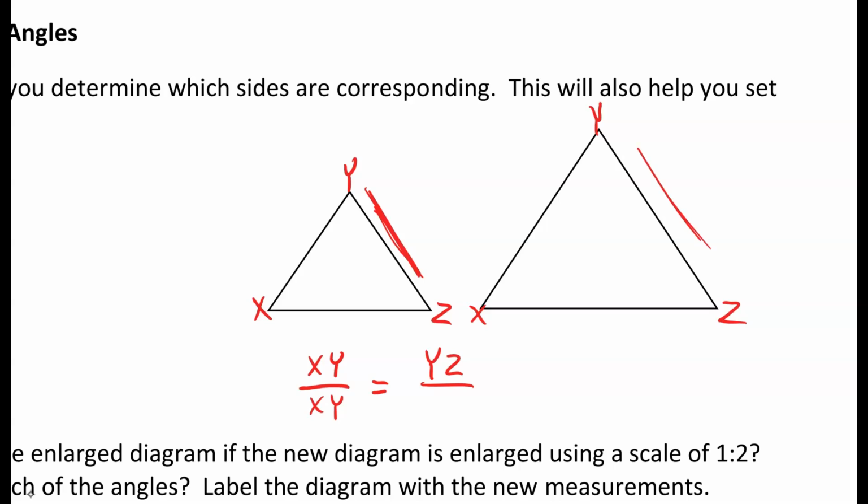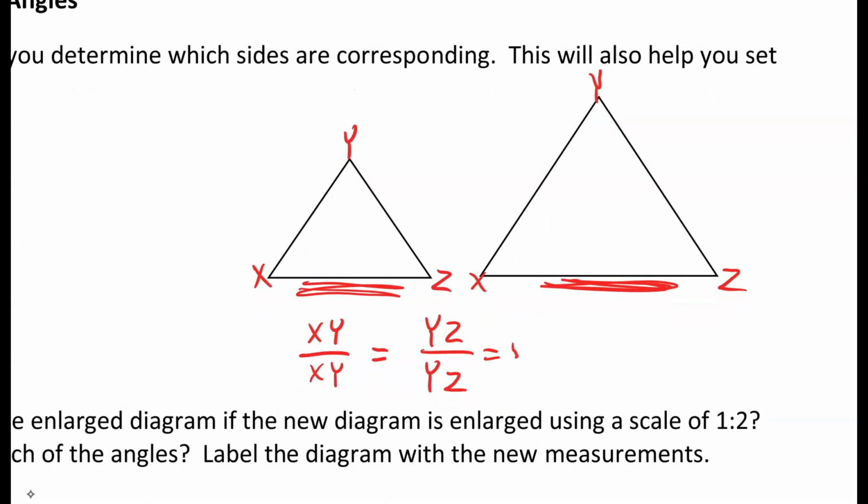And if we were talking about this line here, we'd write YZ. And last, if we were talking about the bottom line, this here and this one here, we would have XZ equals XZ. And that's how we'd write out that bottom line there.